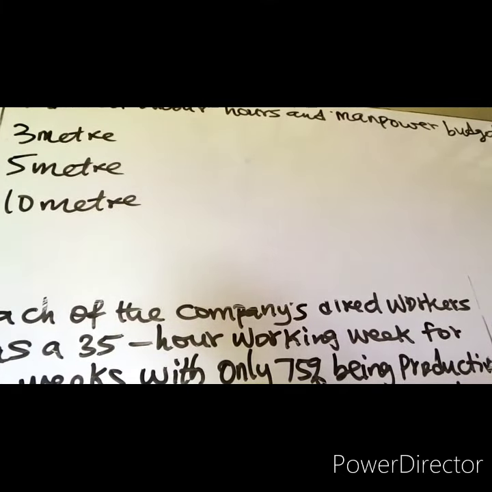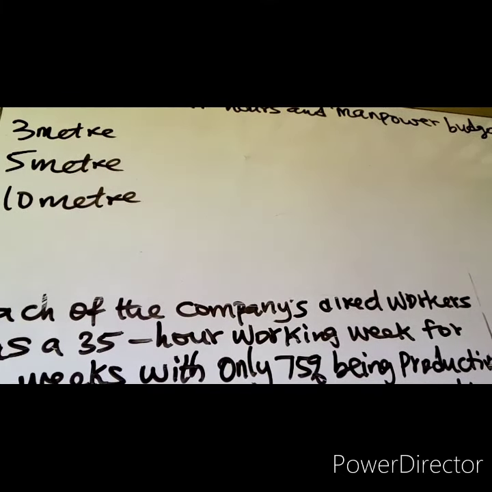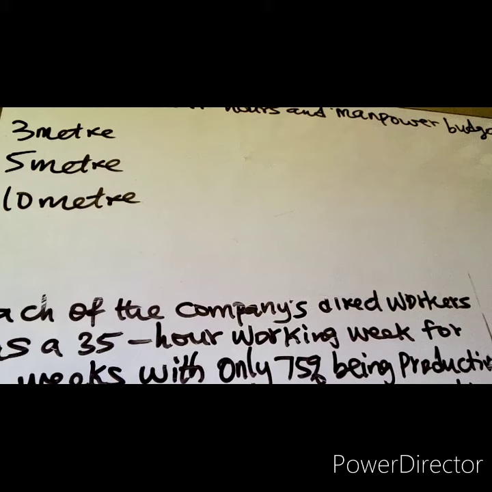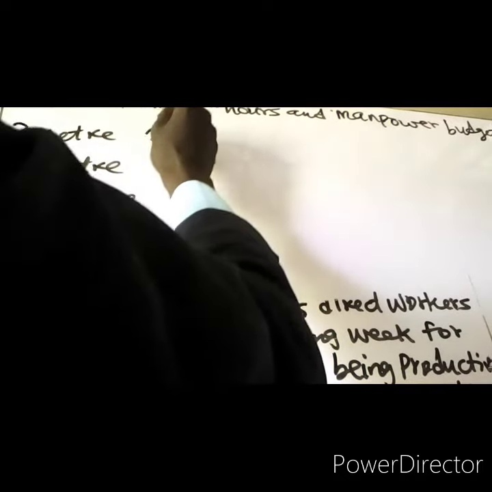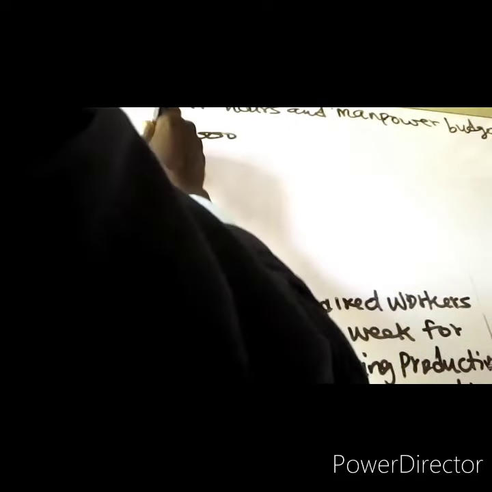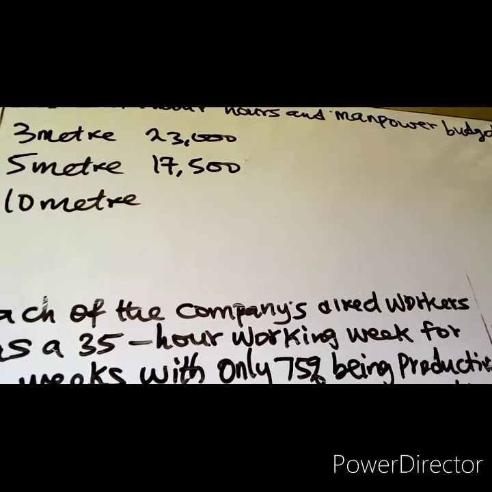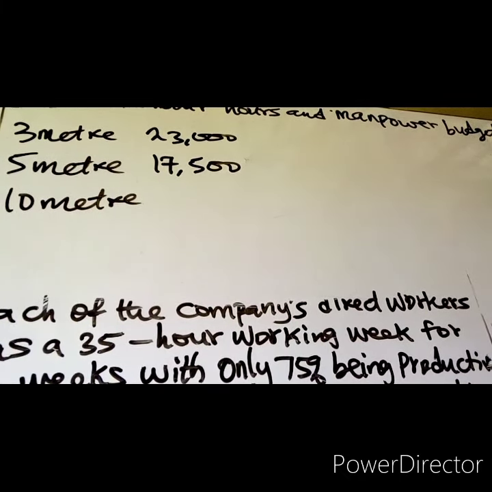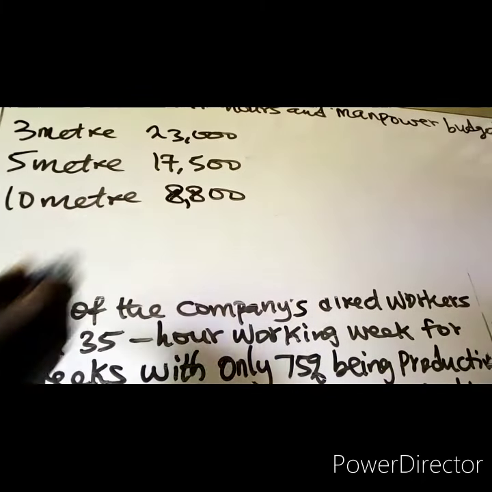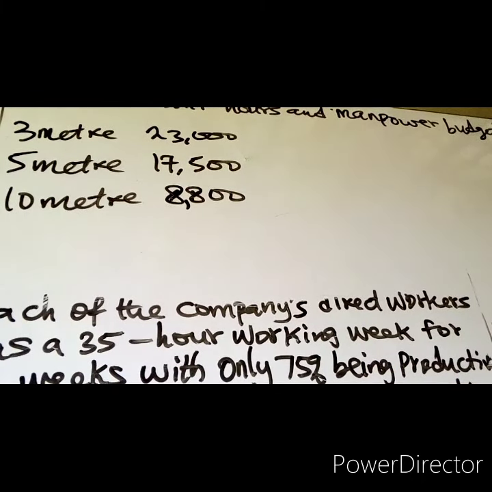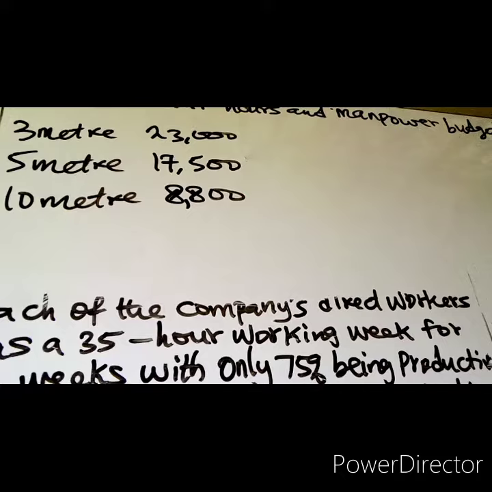From our production budget, you have 23,000 for 3 meter, 17,500 for 5 meter, and 8,800 for 10 meters.